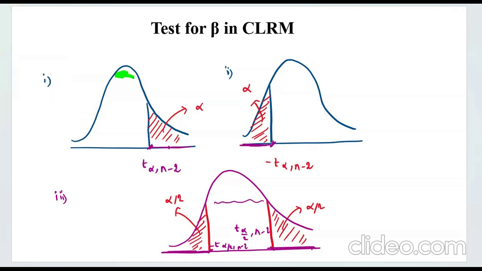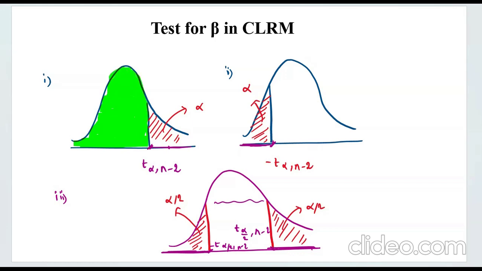Let me use the highlighter. So this is the acceptance region. Here, this entire thing is the acceptance region. I hope you get this. And the red shaded region is the rejection region.